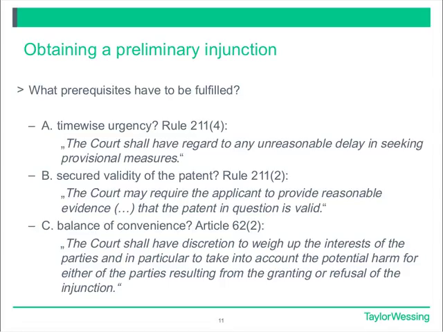These national concepts of a time-wise urgency are now found in Rule 211.4, where it says the court shall have regard to any unreasonable delay in seeking provisional measures. Of course, at the present stage, it's not clear what unreasonable delay would be. It, of course, does depend on the circumstances of the individual case. But nevertheless, it has to be kept in mind, so you should act swiftly when finding out about potential infringement.